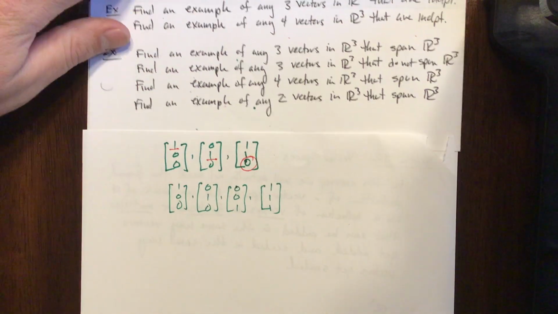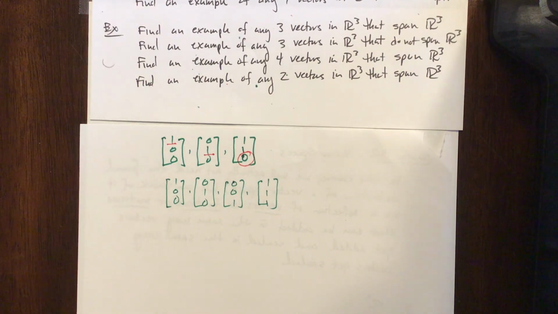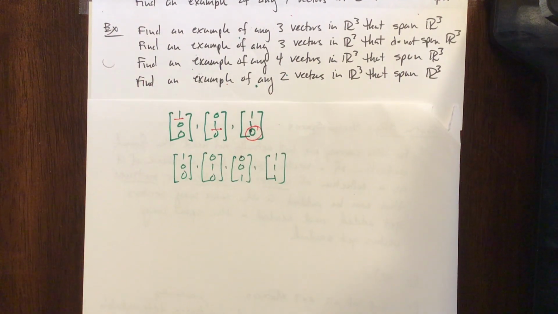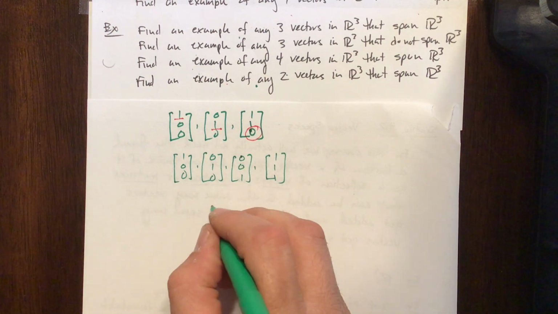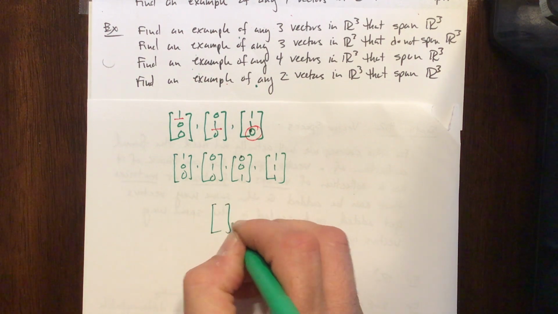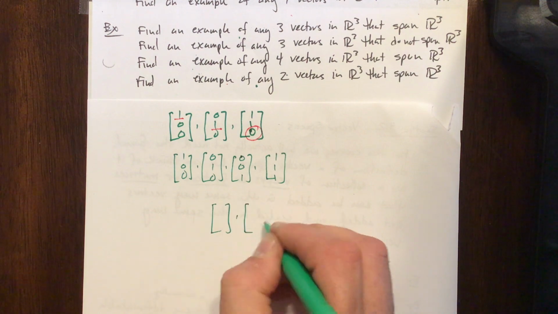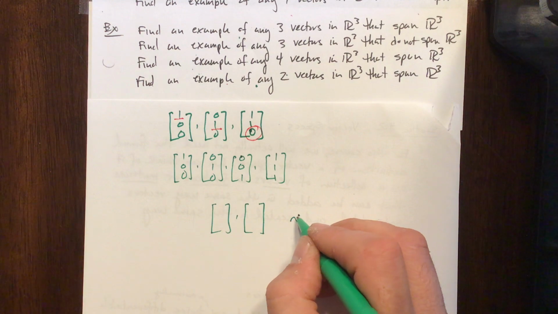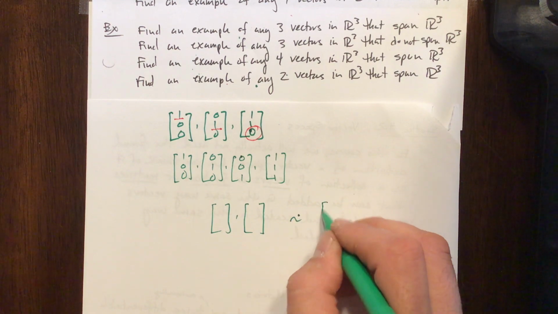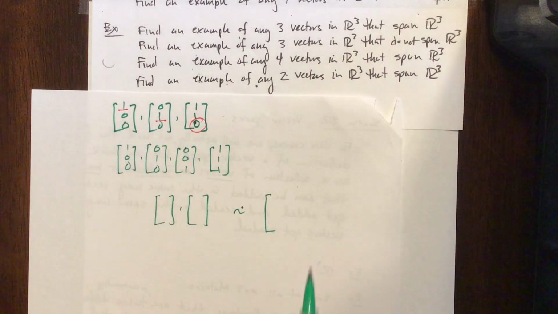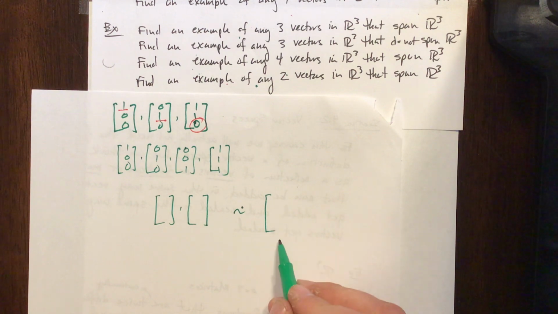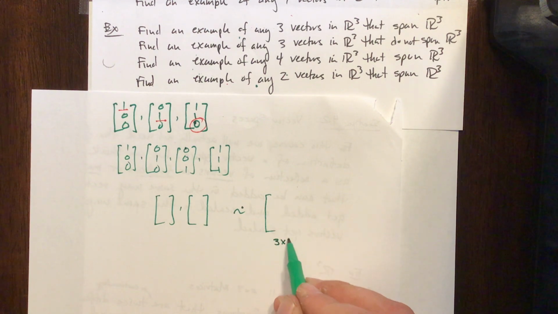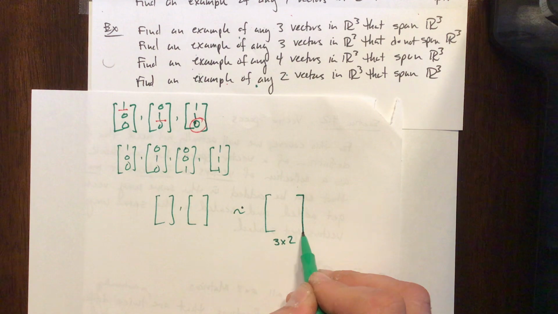Find an example of any 2 vectors in R3 that span R3. So now we're looking for 2 vectors in R3 that span all of R3. Remember, this is going to correspond to a matrix that would be 3 rows by 2 columns.